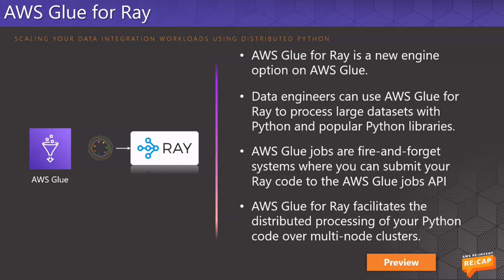So using Ray, you're able to actually write data processing jobs using any native Python libraries and run them as Glue jobs, but you can then distribute those data processing jobs across multiple nodes, even when using native Python without using Spark.